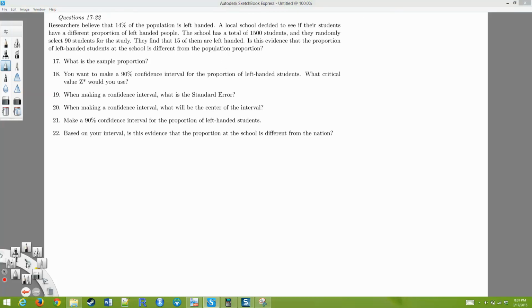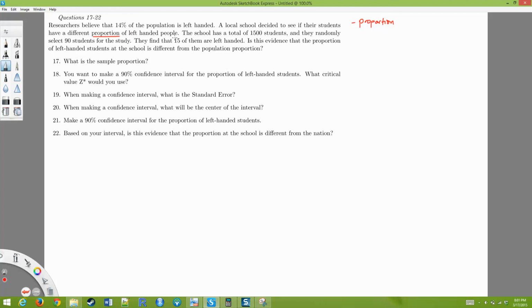One sample, two samples, means or proportions. That's what we got to figure out first. Always. Okay, so we have proportions, because it says proportion right here. Also, because we're dealing with whether a student is left-handed or not.